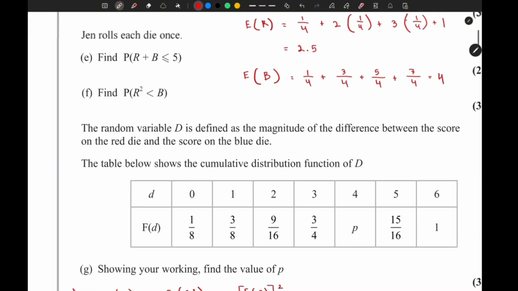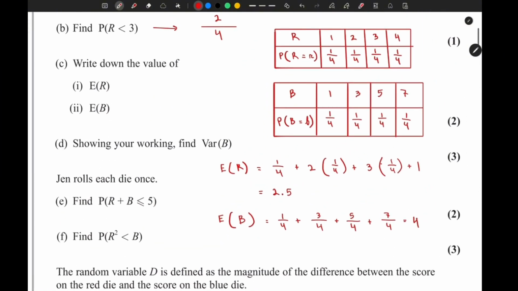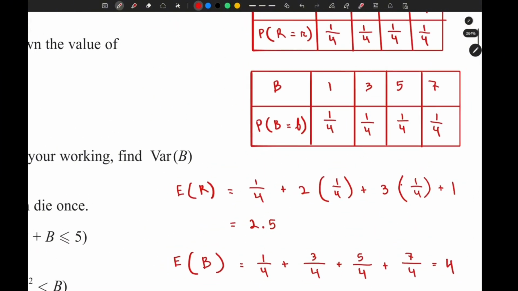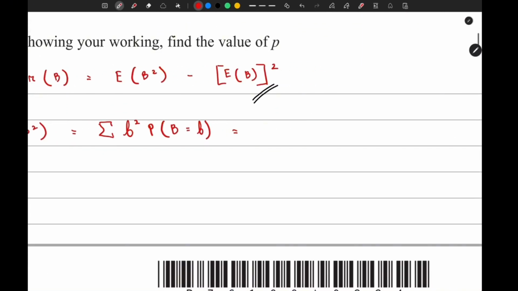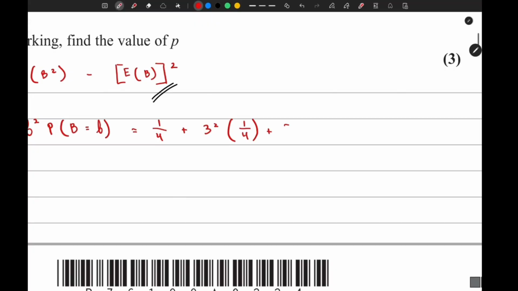If we use that formula, it's 1 squared times 1 over 4, plus 3 squared times 1 over 4, plus 5 squared times 1 over 4, and 7 squared times 1 over 4.